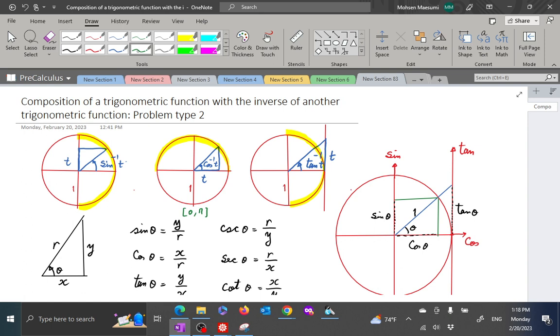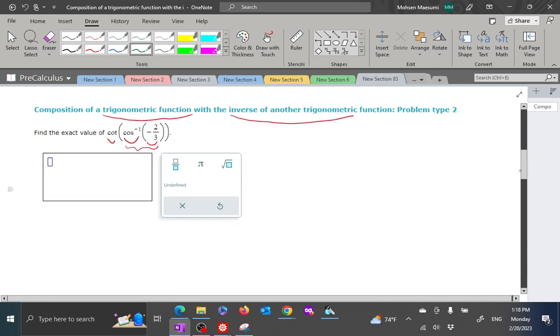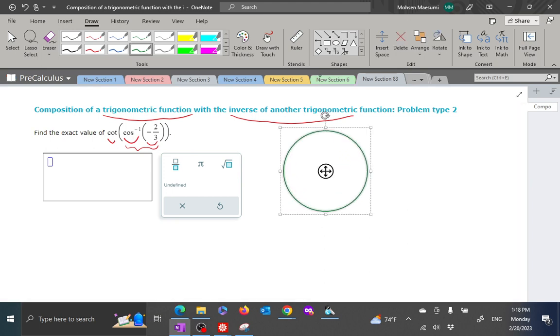So let's redraw this and practice all over again. I draw the unit circle, and here is the x-axis. Here's my origin. Where is minus 2/3? First of all, we remember that cosine matches with x, so minus 2/3 is somewhere on the x-axis.